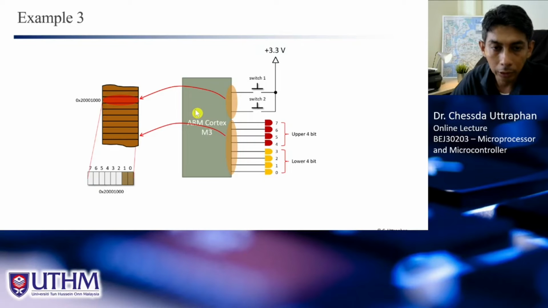So to communicate with the outside, we need to get the data through the port, the I/O port. All right. So this example demonstrates a simple I/O port. How does it work? Actually, it is mapped to a memory location in the microprocessor.